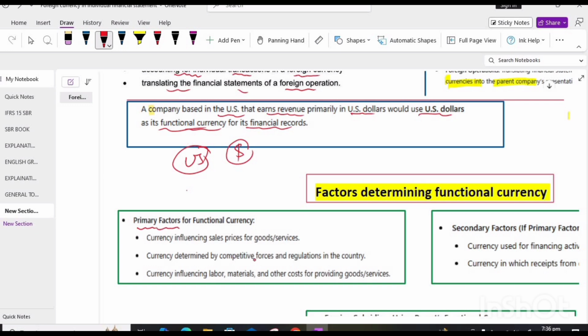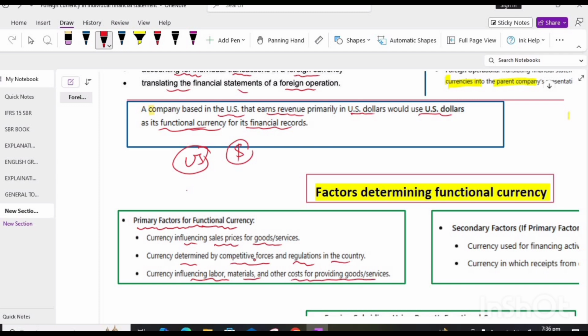First, let's discuss what we mean by the primary factors, which indicate, or determine, the functional currency. The currency influencing the sale price for goods or services will indicate that this is your functional currency. Also, the currency determined by competitive forces and regulation in the country, and the currency influencing labor, material, and other costs of providing goods and services.